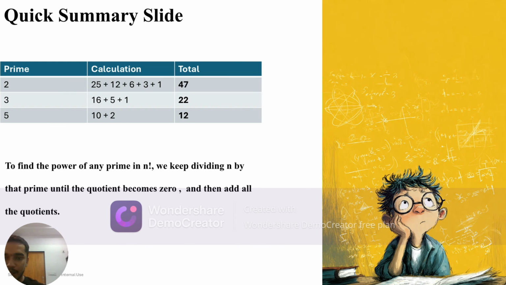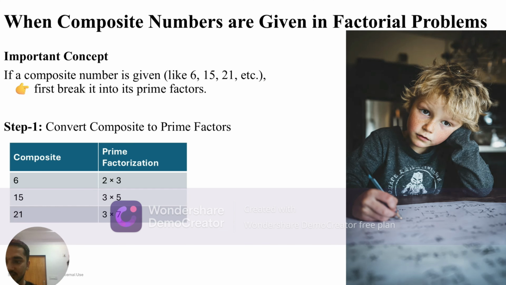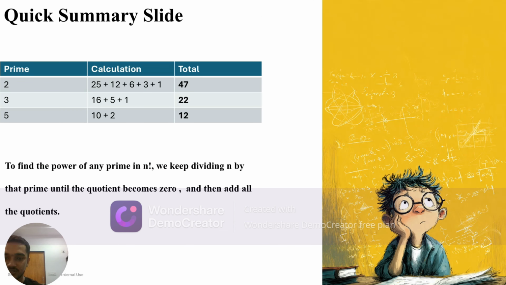So we solved three questions: the 2s, 3s and 5s. The calculation is the result of all the quotients: 25 plus 12 plus 6 plus 3 plus 1 is equal to 47. Similarly for 3, similarly for 5.